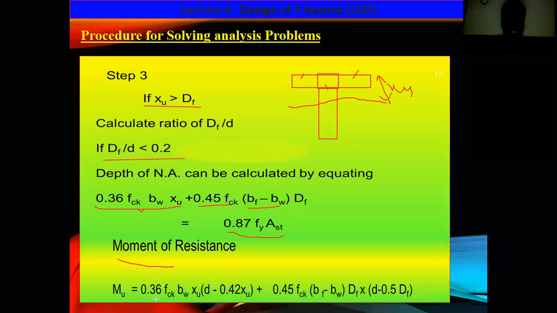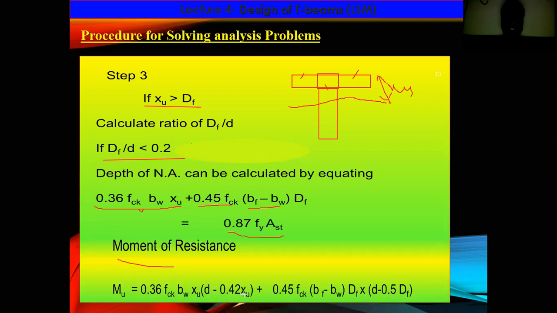That is 0.36 FCK BW into XU into (D minus 0.42 XU) plus 0.45 FCK (BF minus BW) into DF into (D minus 0.5 DF).